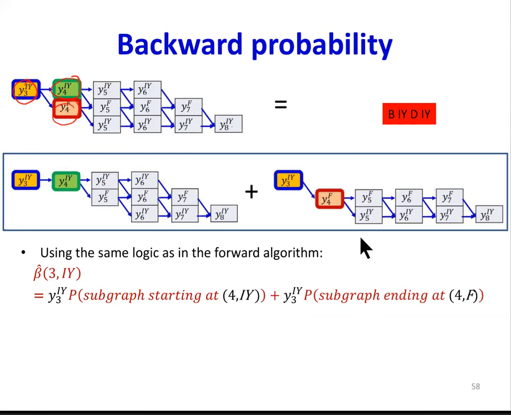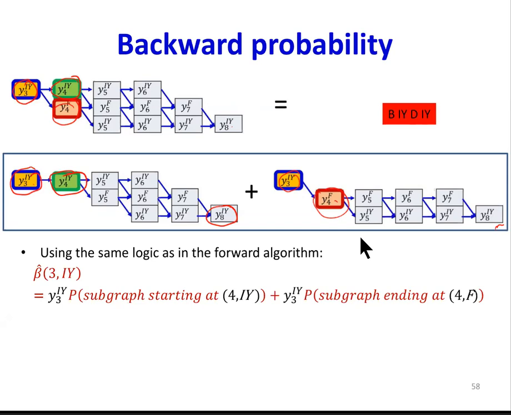So the total probability of all paths from this node to the end is the probability of going from here to the green node and then all paths from the green node to the end, plus the probability of going from here to the red node and all paths from there to the end, right? Everybody with me?